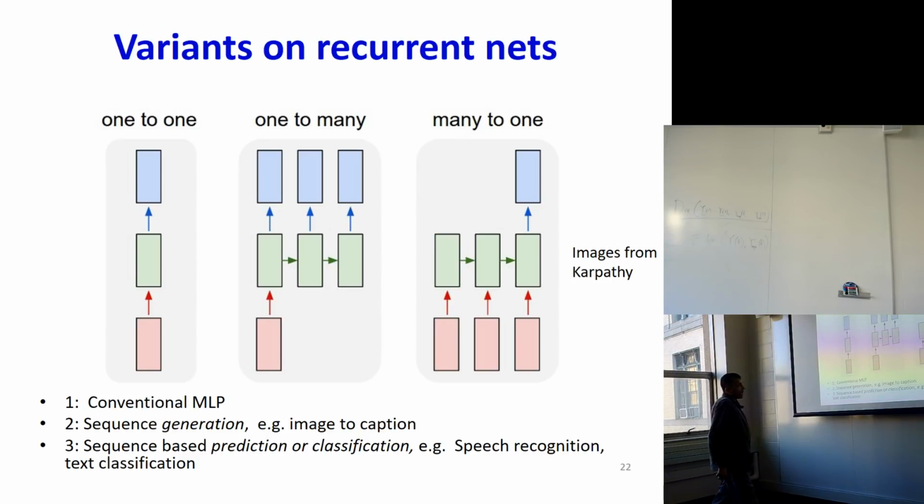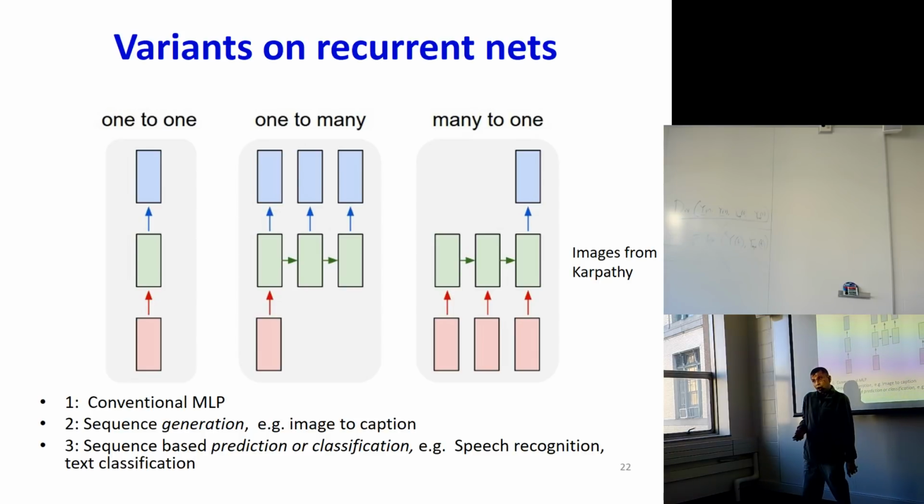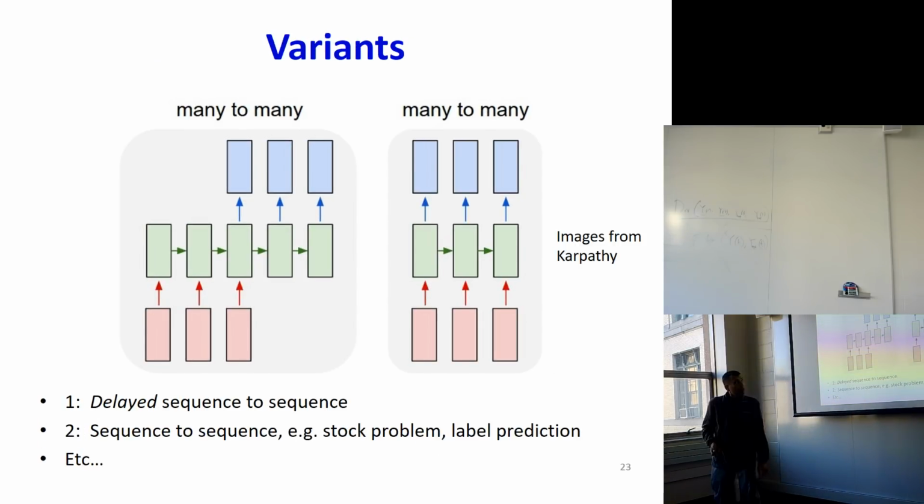Or you could have a sequence of inputs going in and a single output coming out. Or other combinations where a sequence goes in and a delayed sequence comes out, or the one at the end, which we can think of as a superset of everything else that we've seen, where you have a sequence of inputs going in and a sequence of outputs coming out, right?